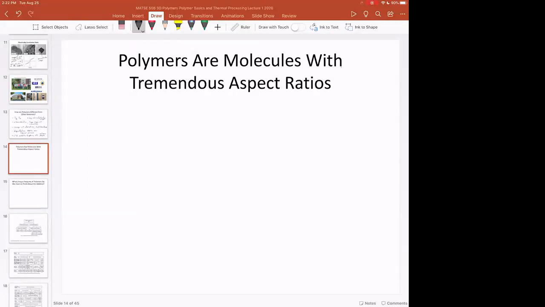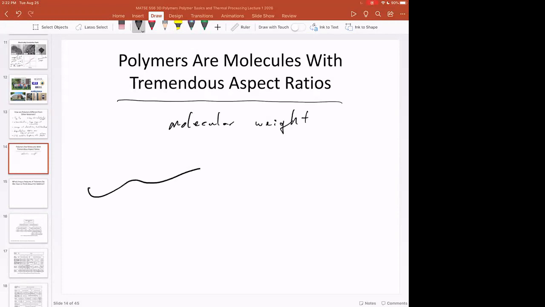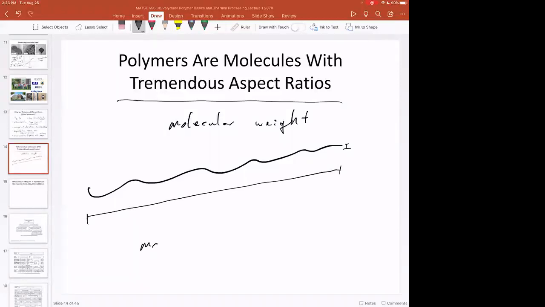So along the issue of molecular weight, this is sort of the one esoteric slide about polymers that we have. Remember, polymers are one molecule wide, but they're many molecules long. If you've ever taken a polymer science class, you know what a monomer is. Your monomer might be something like ethylene. That's a very small molecule, right?